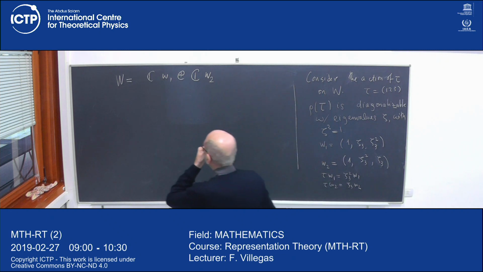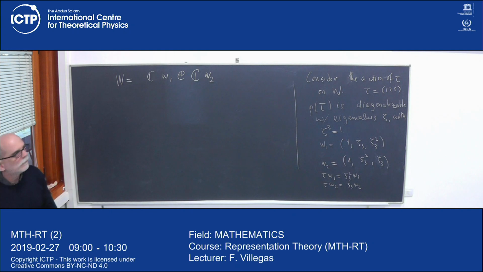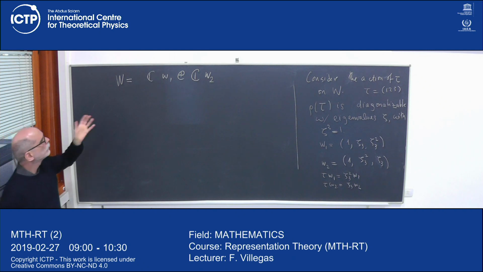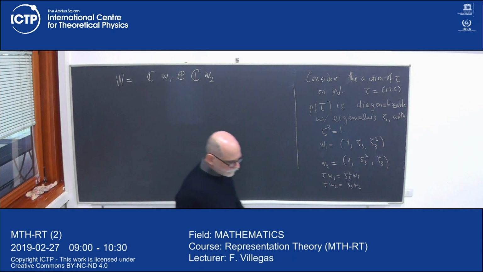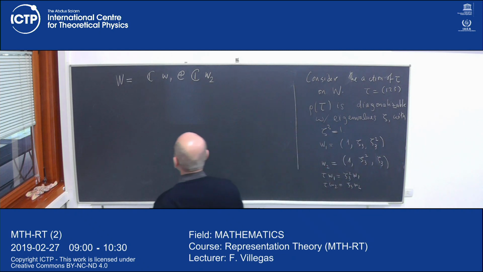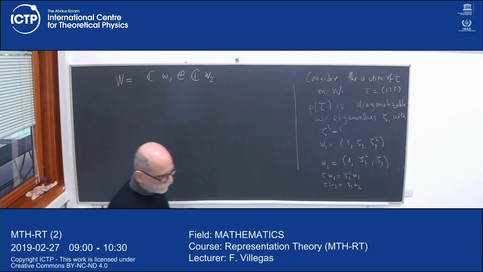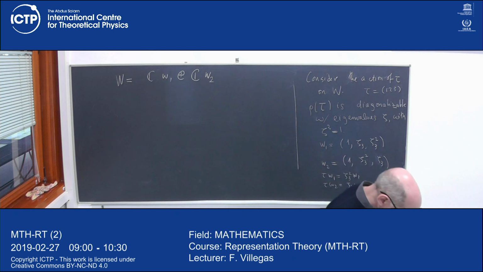They span the space. And tau acts on them by a diagonal matrix because they're both eigenvectors. So we basically found a basis on which tau is diagonal. Now, a group doesn't consist just of tau, but also has sigma. So let's see what sigma does.